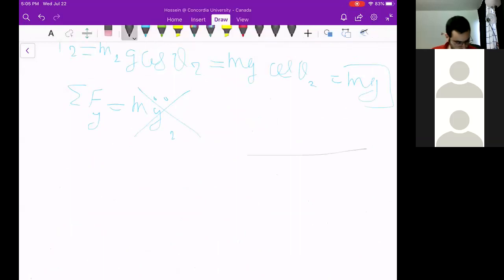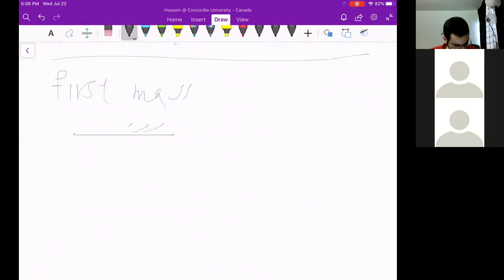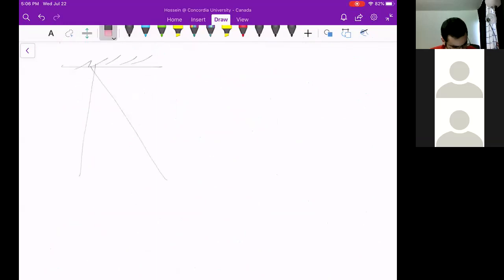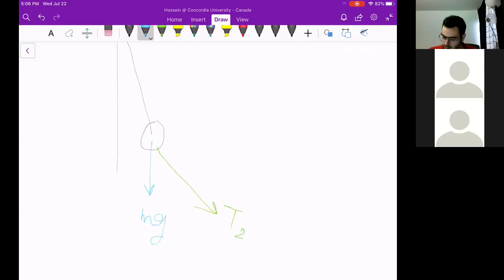First mass: so T2, and there is m1 g, which is mg.